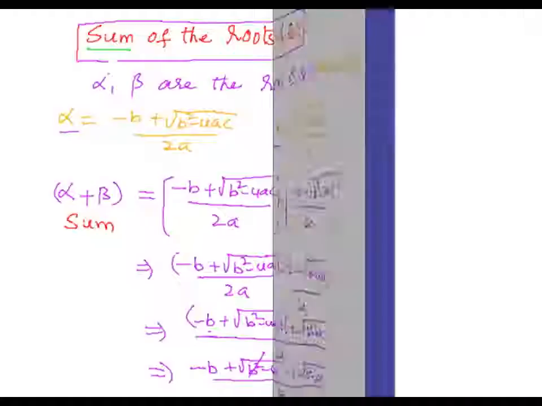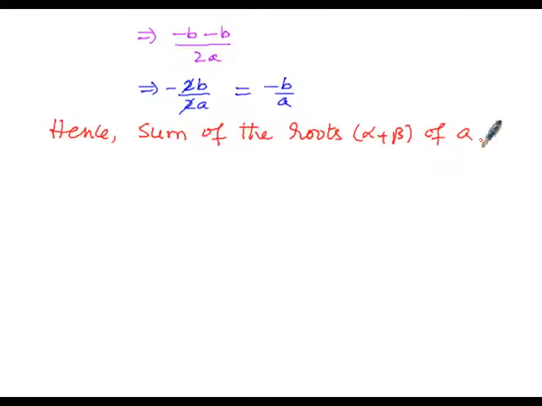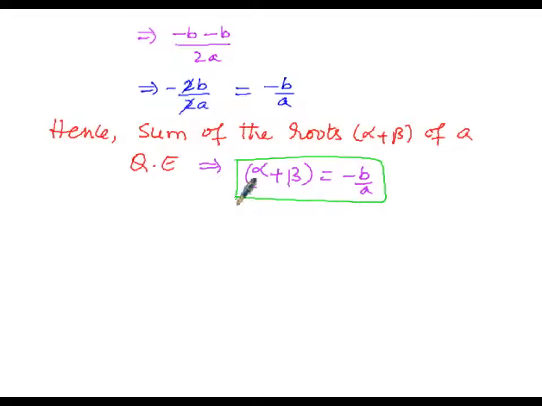So, hence, the sum of the roots, that is alpha plus beta, of a quadratic equation is given by alpha plus beta equals minus b divided by a. So, based upon this formula, we are going to perform one problem, that is an example.